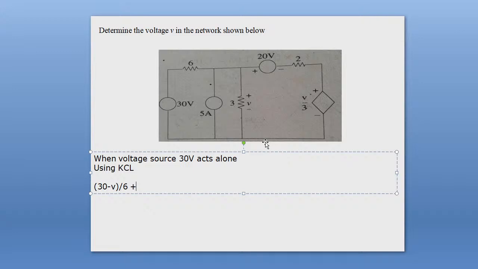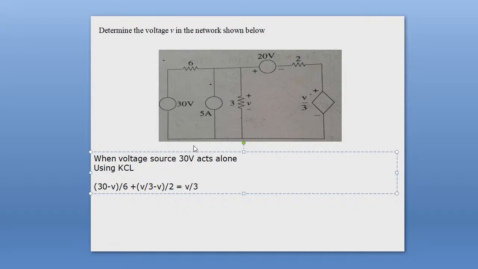You write V by 3 minus V divided by 2. Divided by 2, equal to how much? Equal to V by 3.